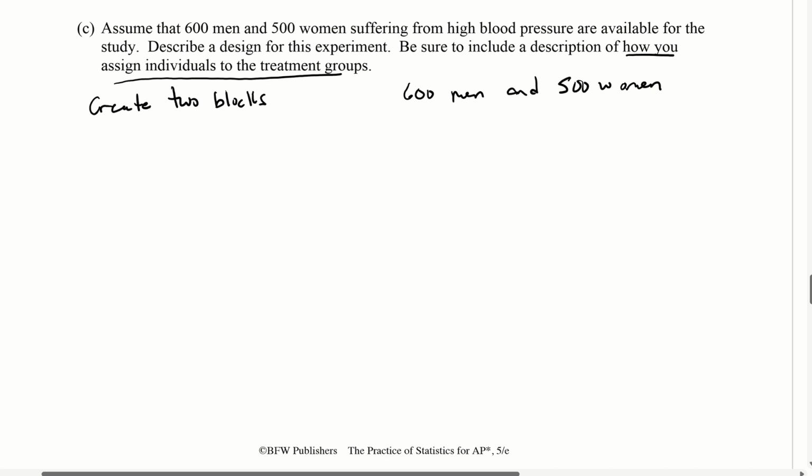So create 2 blocks for the 600 men and 500 women.